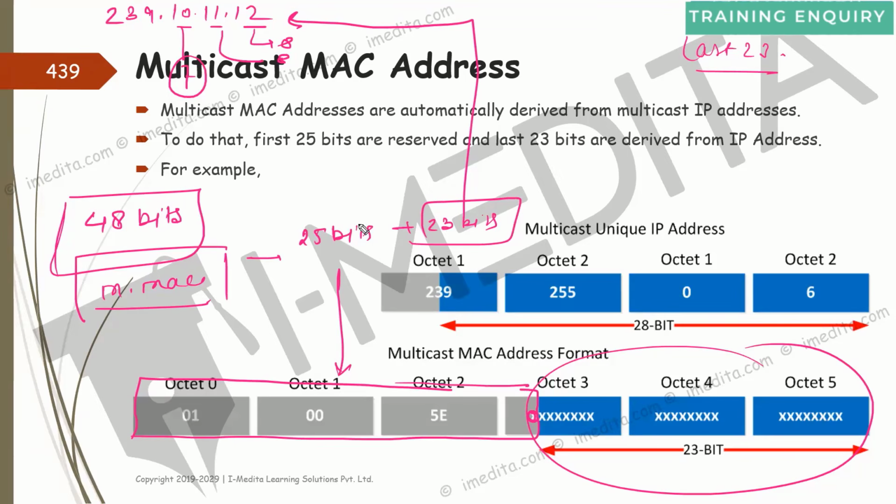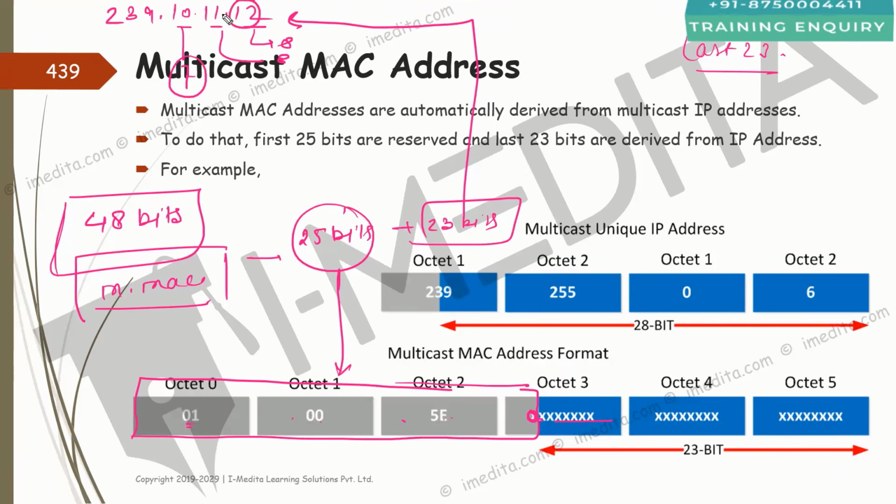The first 25 bits in the multicast MAC address will always remain exactly the same, 01005E and 0, and the last 23 bits are derived from the IP itself. So basically just put the last 2 octets as they are here: 12, 11. And here 10, convert this into binary.